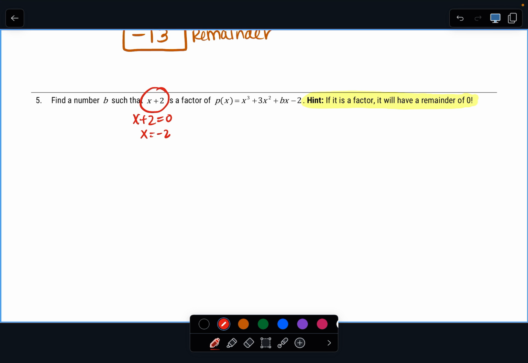So I'm going to take negative 2, and everywhere inside of my dividend, where there is an x, I'm going to be plugging in negative 2. Now, we said this needs to be a factor, so that means this whole thing has to equal 0.